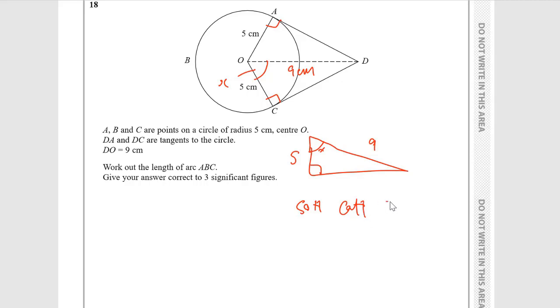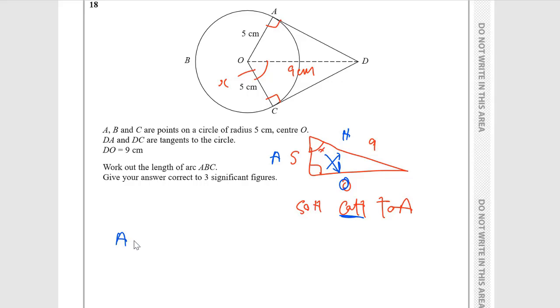So we do CAH TOA. I'm going to use a different color. This is going to be the opposite, because it's opposite the angle x. This is going to be the hypotenuse because it's opposite the right angle. And then this is going to be the adjacent. So we've got the adjacent and the hypotenuse, so we're going to choose this one here.